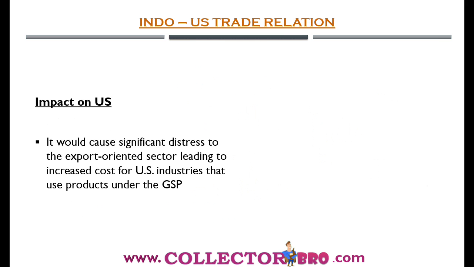Okay, now let's analyze the impact of this policy on the US. That is, it would cause significant distress to the export oriented sector, leading to increased cost for US industries that use products under the GSP. So let me analyze this point. From India, there are certain products being exported to the US, and we are analyzing it from the perspective of the US policy.